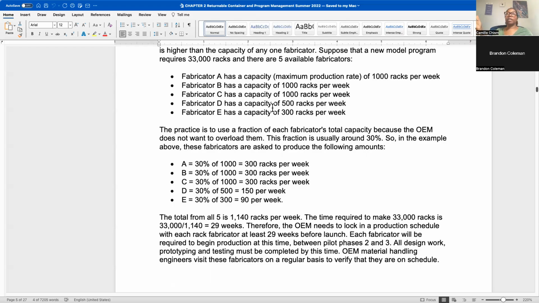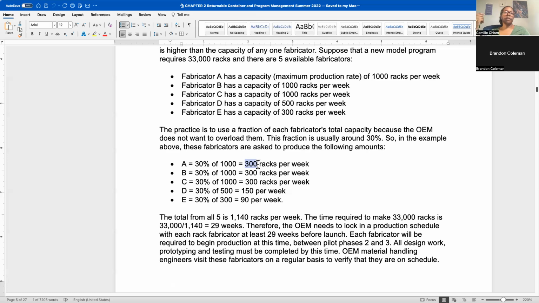So even though fabricator A can make 1,000, that's their maximum production rate. So it's probably easy to say for fabricator A, give me 300 a week, because then that means that if they have any issues, they will have time to make up and get those 300 per week to them.